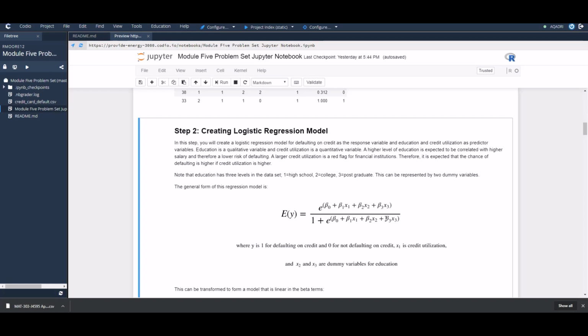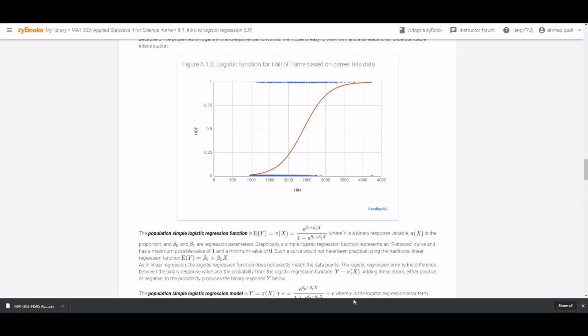I do want to discuss this regression model, the general form of the regression model, and why it is this way. So for that, I will switch to Zybook and just quickly talk about why this function is as it is here. So this is the section that talks about logistic regression.